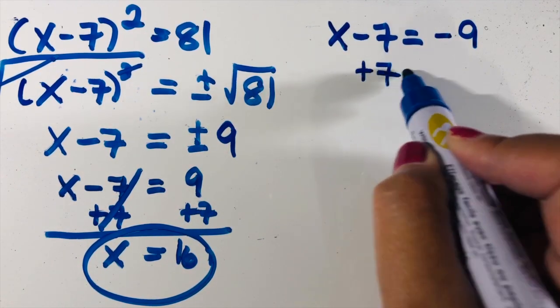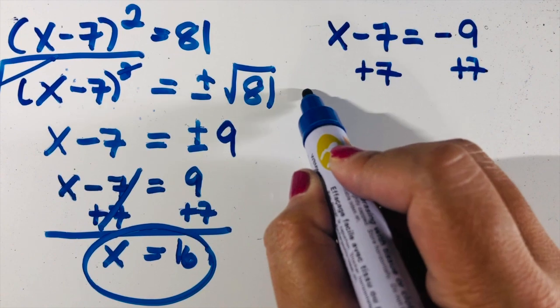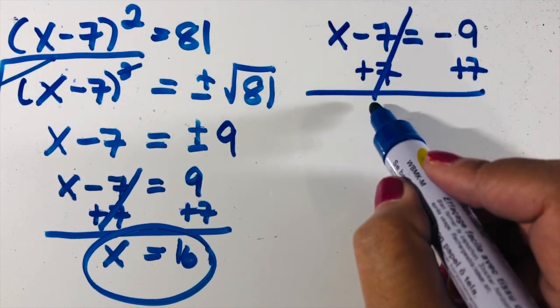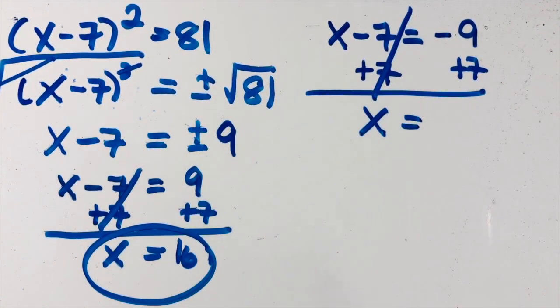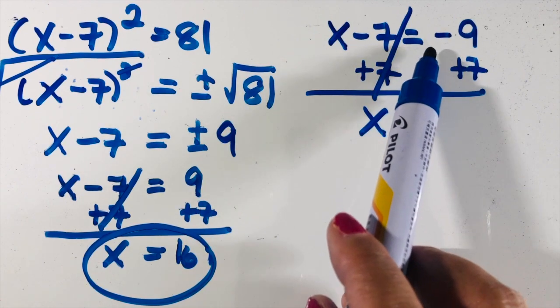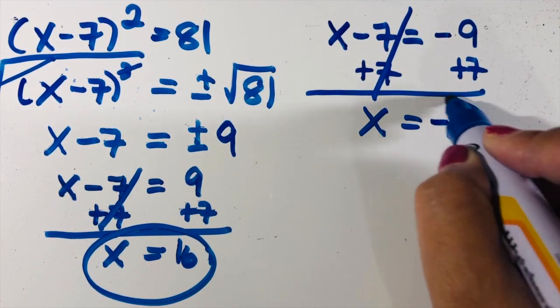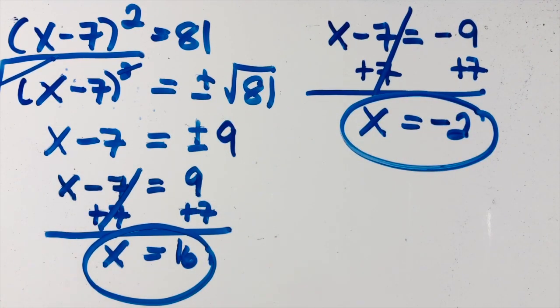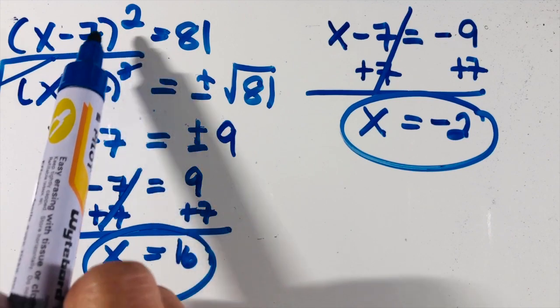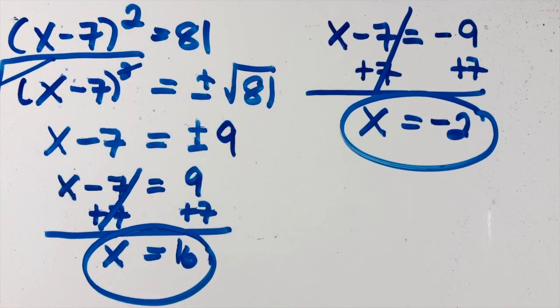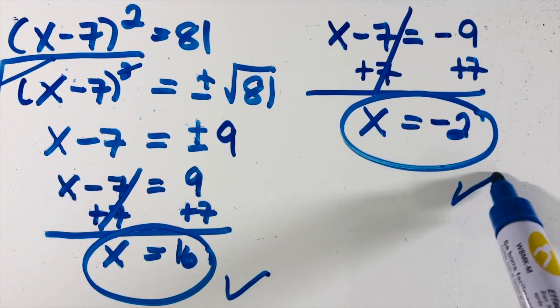Add 7 on both sides. Cross this out. So we have x equals. What is negative 9 plus 7? So this is negative 2. So therefore, the solutions for x minus 7 squared equals 81 are positive 16 and negative 2.